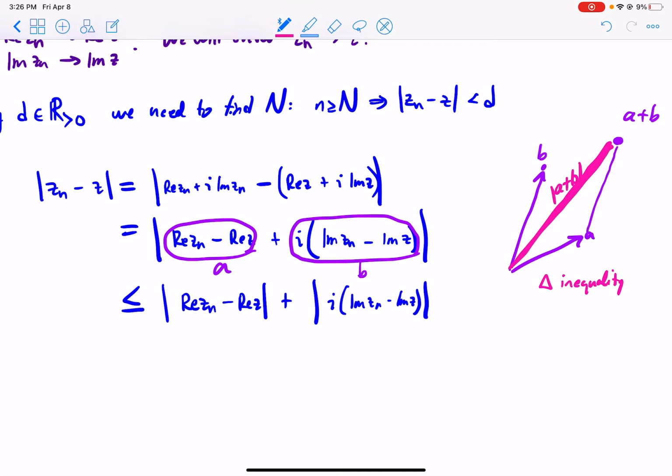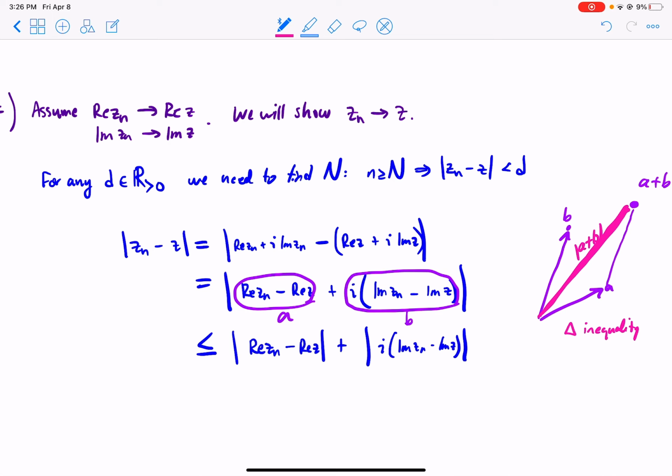Okay. Now look. We know that this converges, so we can make this as small as we like. In particular, we have two things, so maybe we can make it smaller than d over 2. For any d chosen, we can go over to this convergence and say, I want d over 2 close. And they'll say, sure, there's a capital N1 such that if you go past capital N1, you're good, and you're d over 2 close. Okay?